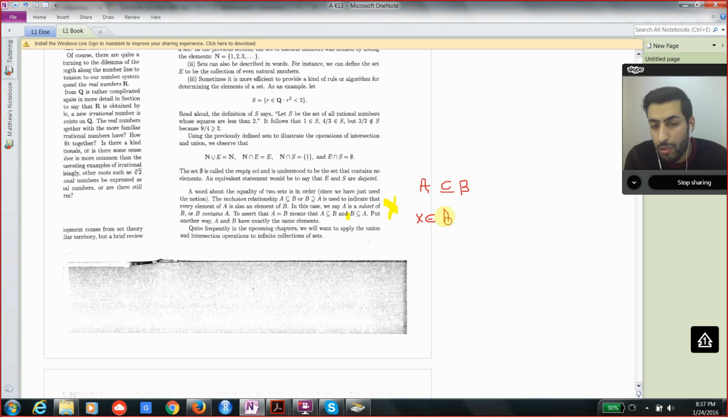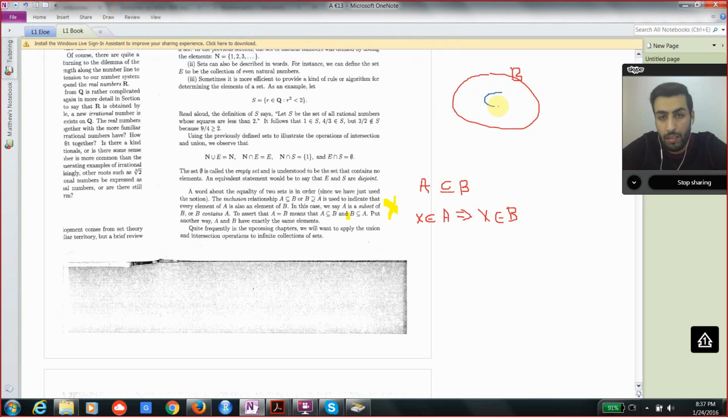It's also in B. That's right, implies x is an element of B. Okay. So exactly, the picture we want to draw is something like this. This is B. This is A. Okay? And so everything in A is in B.